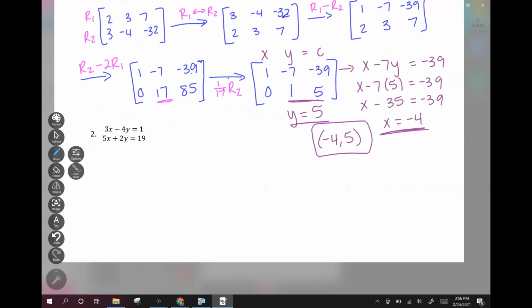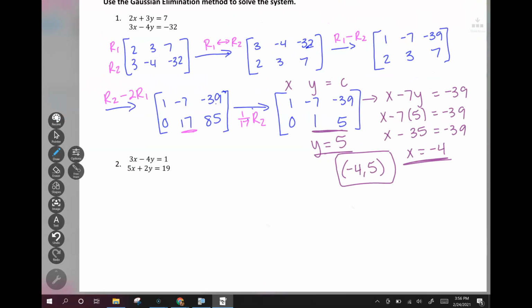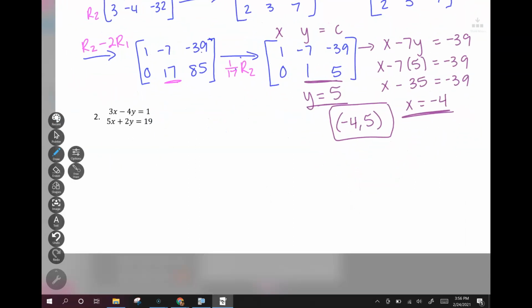Let's do number 2. We'll do number 2, and then that will be it. Okay, so first put this in as an augmented matrix. So that's going to be 3, -4, 1, 5, 2, 19.